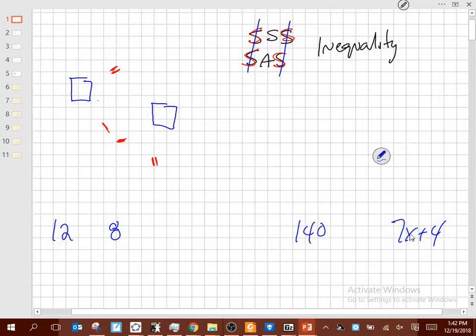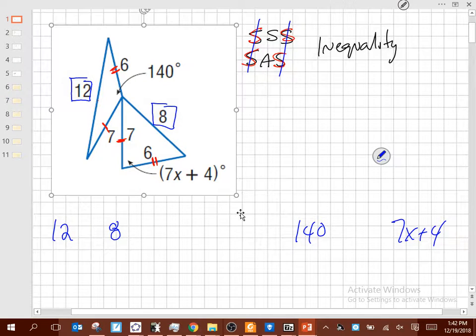Yeah. If I were to give you these two things, and not knowing what x is, can you tell me which one's bigger there? No. Okay? So the argument that I'm trying to make here with you is that you know something about the third sides. You have information about SSS here. Okay? Because you can tell me 12 is bigger than 8.